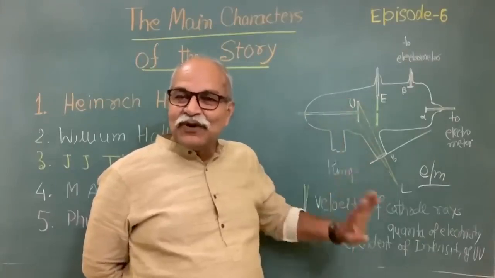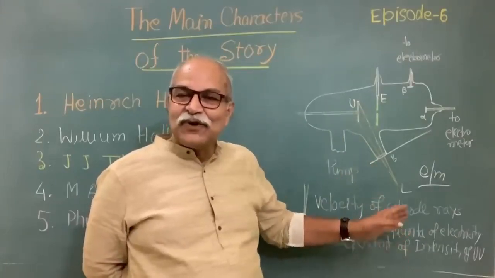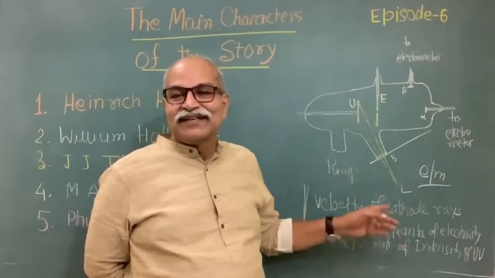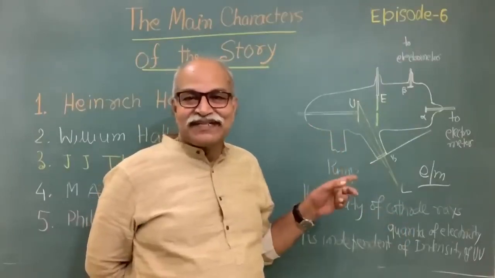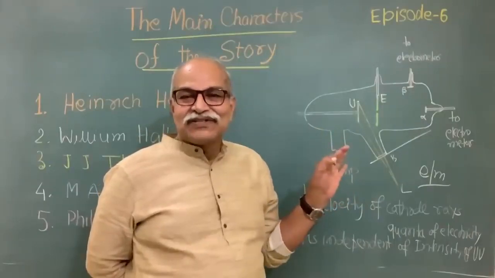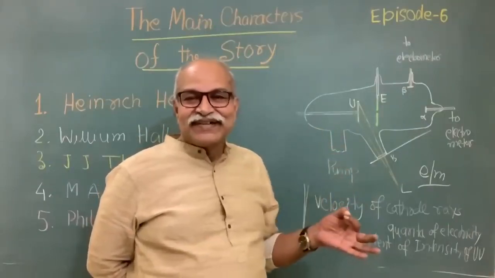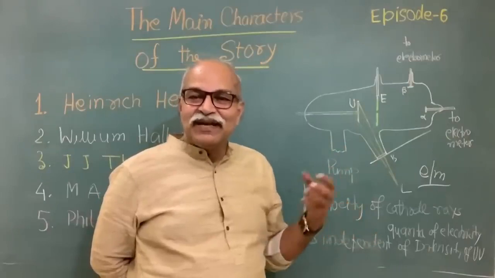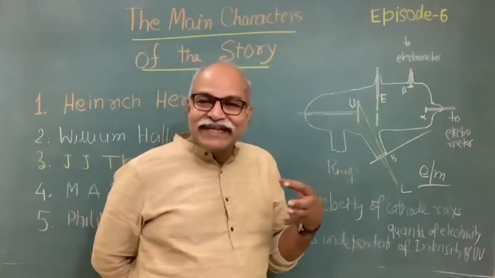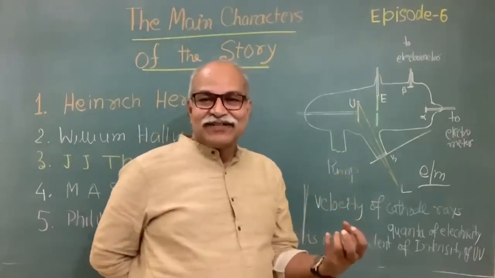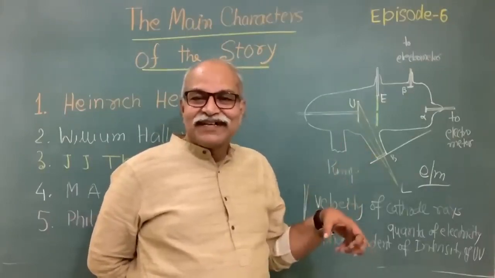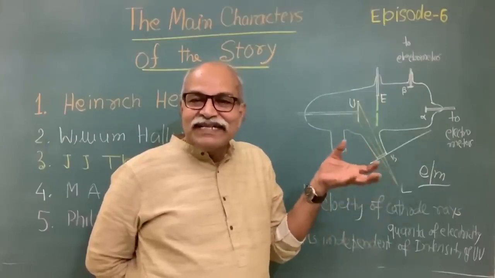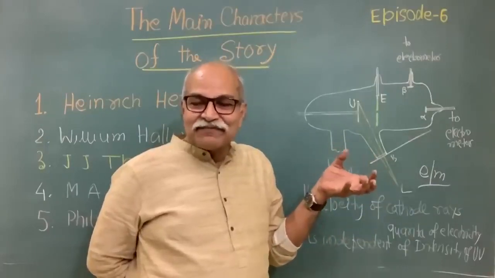But since for all intensities the quanta are coming out with the same velocity, this tells me that the quanta are coming out not by taking the energy of the light. The quanta themselves are having that energy as a part of that material, as a part of that atom.